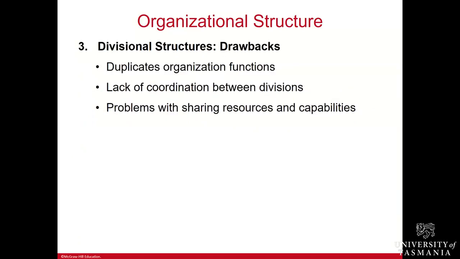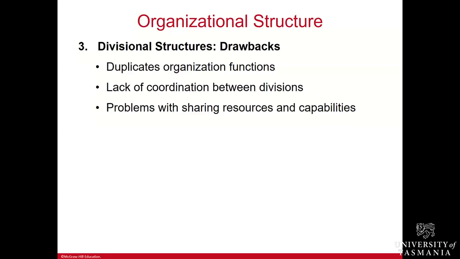And as I say, if there's a lack of coordination between divisions, then this model should not be utilized because it can create a bigger mess for the companies, bigger problem for the international companies, and problems with sharing resources and capabilities. Because as we said in the beginning, every product line has its own functional units, and this might create an issue when time comes to share the resources and capabilities within the lines.